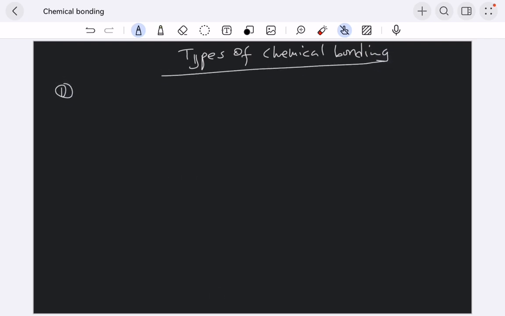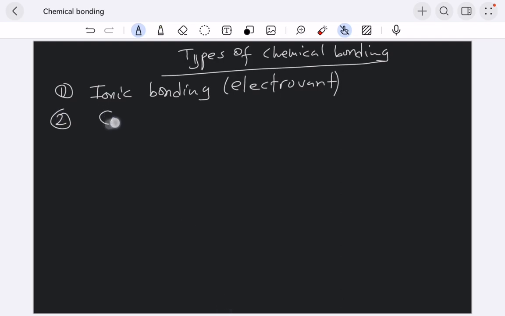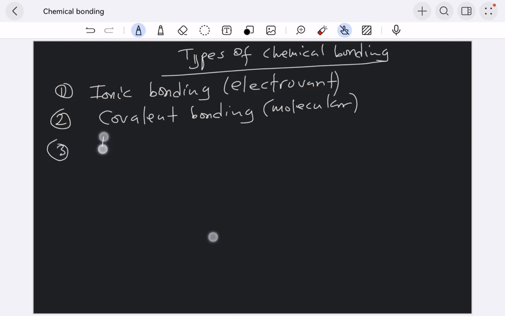So we have what we call ionic bonding, which is also known as electrovalent. We have covalent bonding, which is also known as molecular bonding. We have what we call metallic bonding.